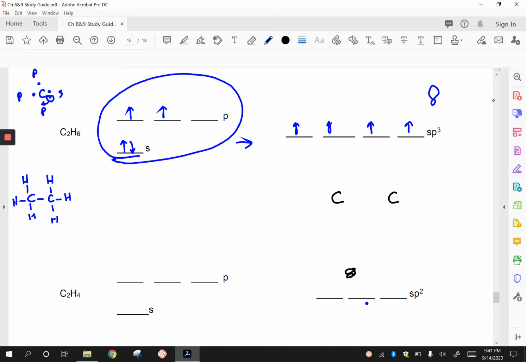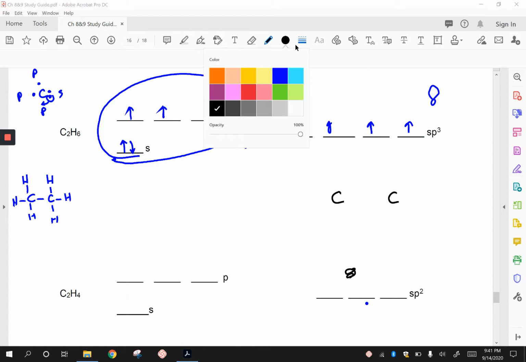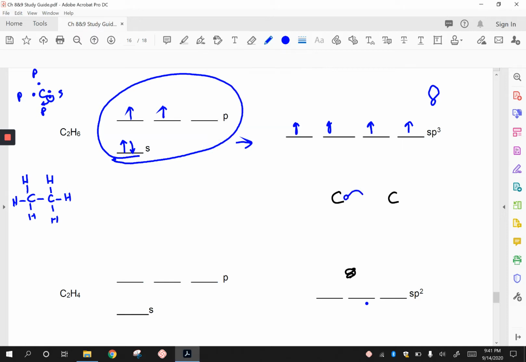And the sp3 orbitals kind of look like this, and so I'm going to show those in blue. There's an sp3, there's another sp3, here's a third one, and here's a 4th one for this carbon.